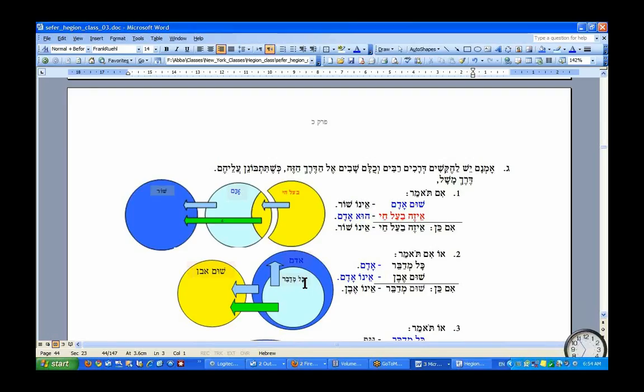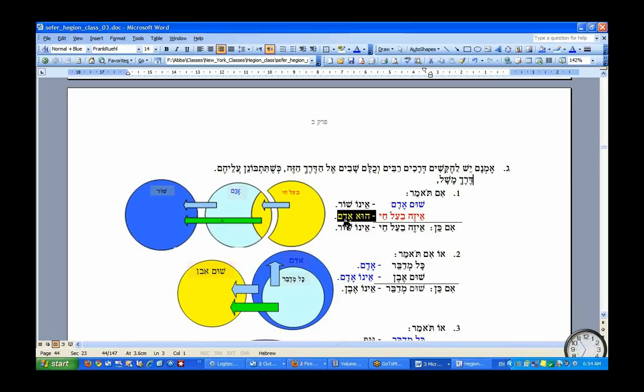Anything that's included inside is going to have the result, so then it all works out nicely. Now, what's the difference between the first statement and the second statement? If we notice here, the first statement had as its subject Adam, and the predicate in the second statement was Adam.